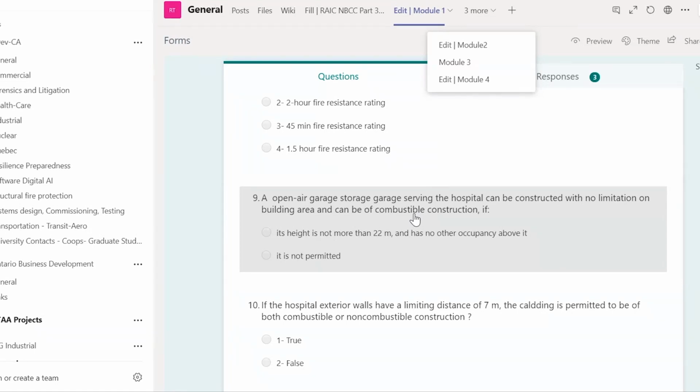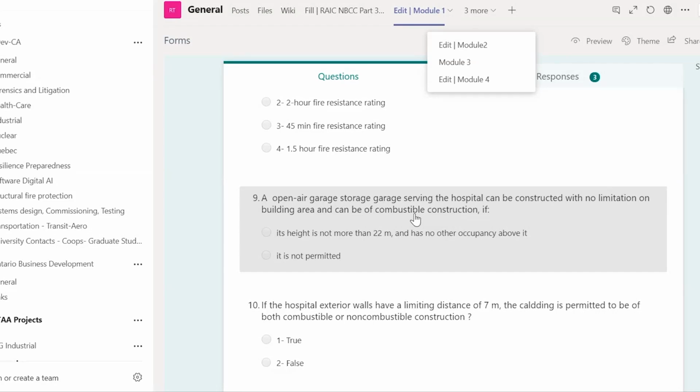I only see one in 3.2.2.90 that tells me I can have a storage garage with all stories constructed as open air stories, having no other occupancy above it, is permitted to have its floor, wall, ceiling, and roof constructed without fire resistance rating, provided it is of non-combustible construction, not more than 22 meters high, and not more than 10,000 square meters in building area, and every portion of each floor is within 60 meters. So this one has got limitation on it, and it can be constructed of combustible and non-combustible construction.